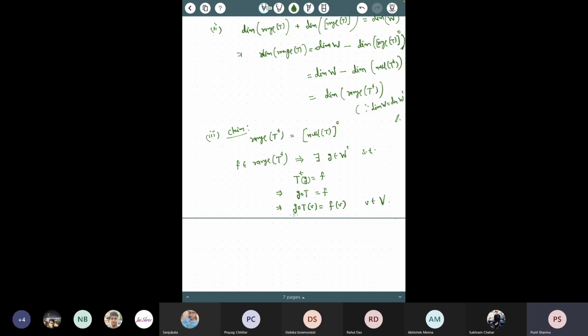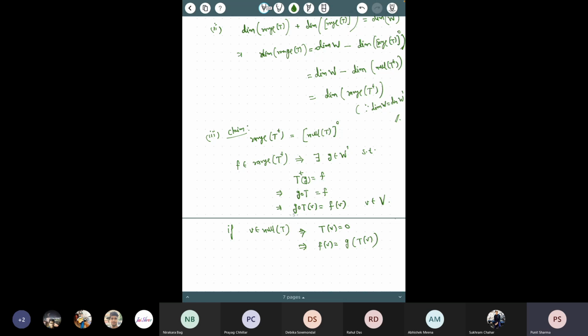Now if v belongs to null of T, what does it mean? From here we can say T of v equals 0, but then does it imply that f of v equals 0? Because f of v is actually g of T of v.